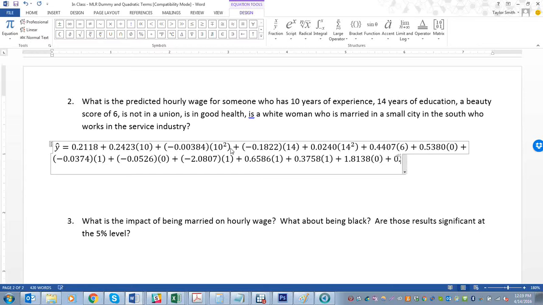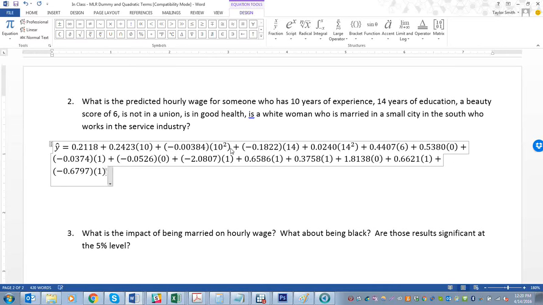Plus 0.6621. This is for a small city, which she does live in, so that'll be a 1. And then finally, she works in a service industry, so the last part is negative 0.6797 times 1. So that is the full equation there.